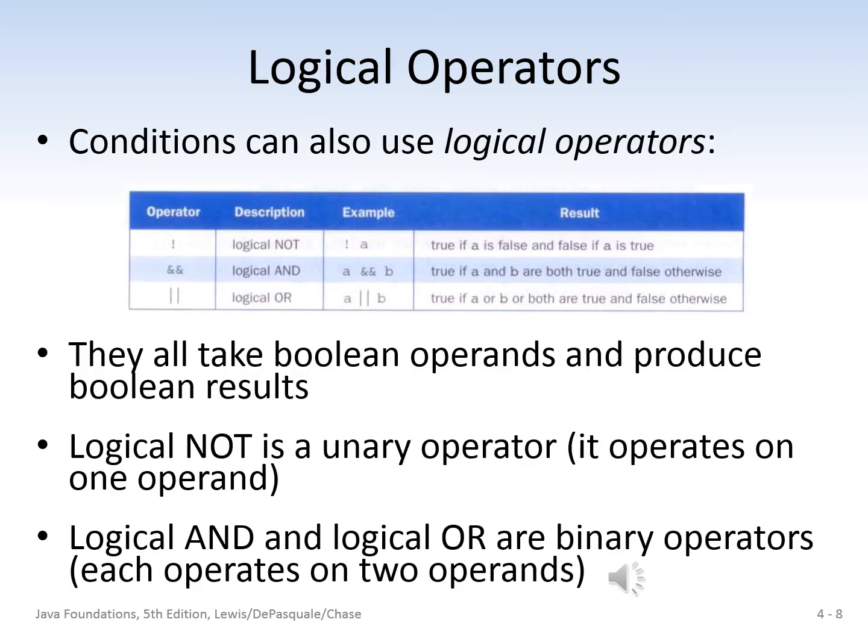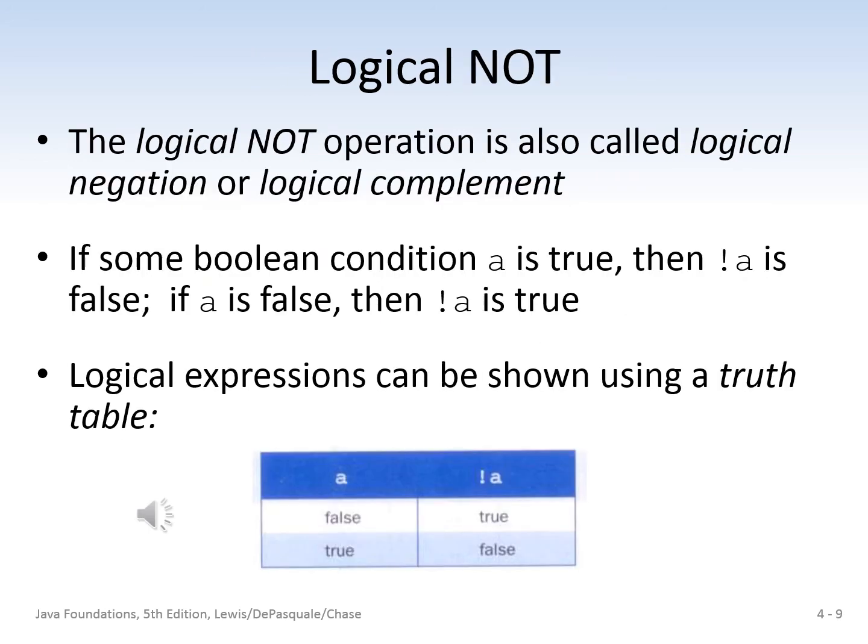Conditions can also use logical operations, such as the logical not, logical and, logical or. Not is unary, the other two are binary. This is total review from the prerequisite course. Logical not, also called logical complement or logical negation.